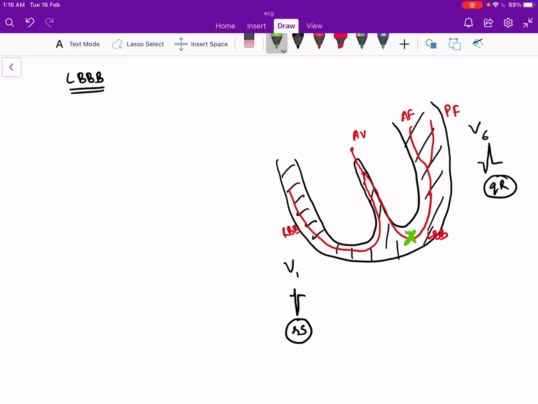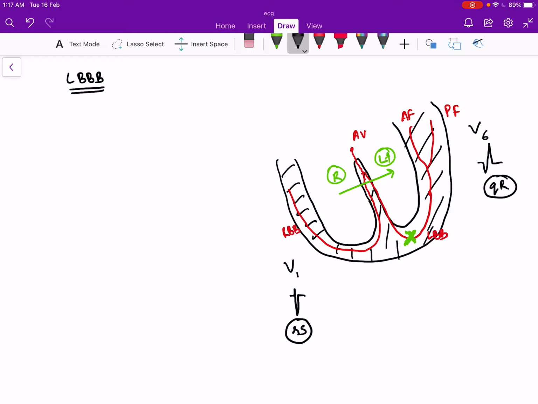The initial step in the depolarization of the ventricle is the depolarization of the ventricular septum, which is from left to right in a normal person and is done by the branch of the left bundle branch. But here this left bundle branch is blocked, so the septal depolarization will occur in a reverse direction, from right to left.